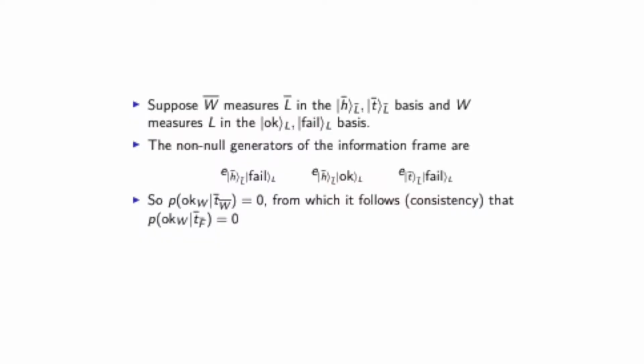And that can be expressed in this way, just writing the lab L in the fail OK basis. And so suppose Wigner bar measures not OK fail, but just measures in the heads tails basis of the lab, and Wigner measures in the OK fail basis.